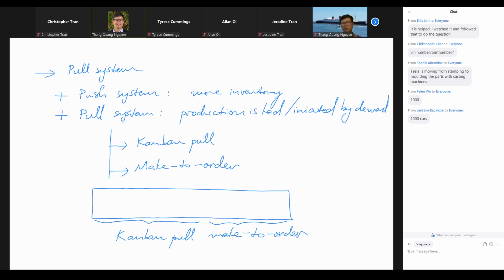Right? They only produce a car if it is already ordered by some customer. In the Tesla case, in one weekend, they got hundreds of thousands of orders in one weekend, right? Something like that. Then of course they already have the orders, and they try to meet up with the orders.